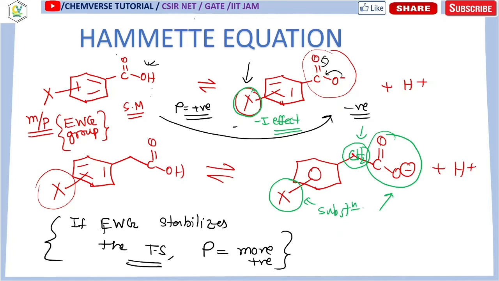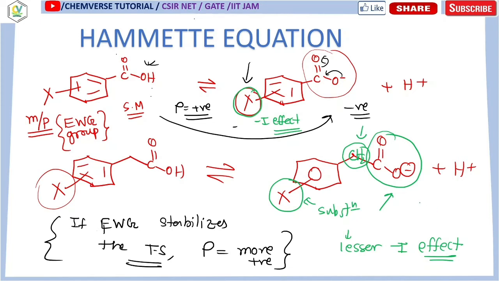In the second case, as the distance is higher, it will show lesser minus I effect. Since it has lesser minus I effect, the stabilization of this negative charge is to some extent lower in the second case.